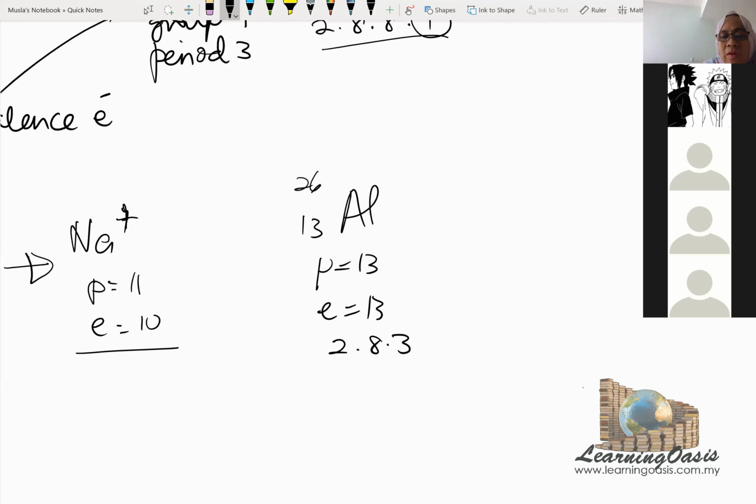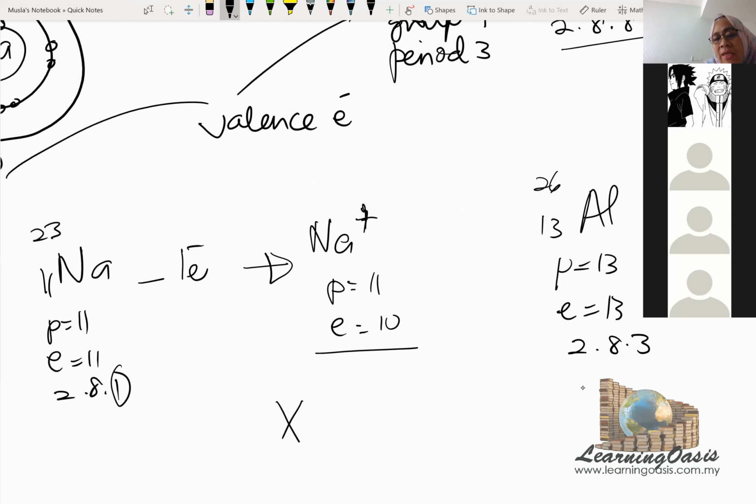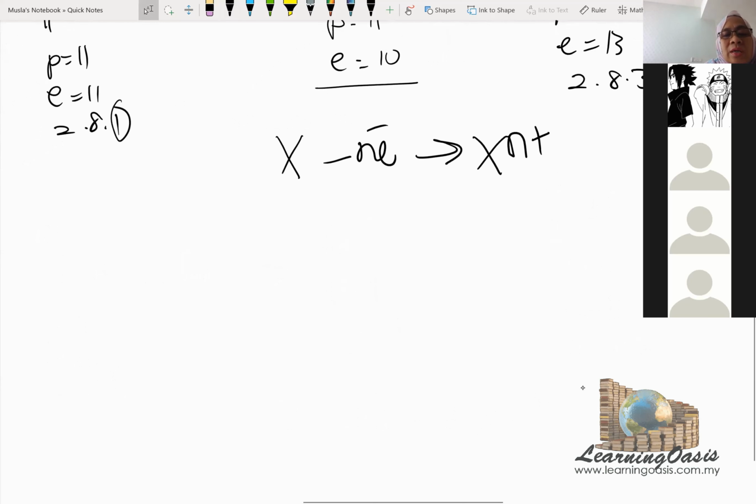By losing electrons. How many? 3 electrons. So that will give you Al3+. The configuration now is 2, 8. So from now onwards, if you have X minus n number of electrons, it becomes Xn+.